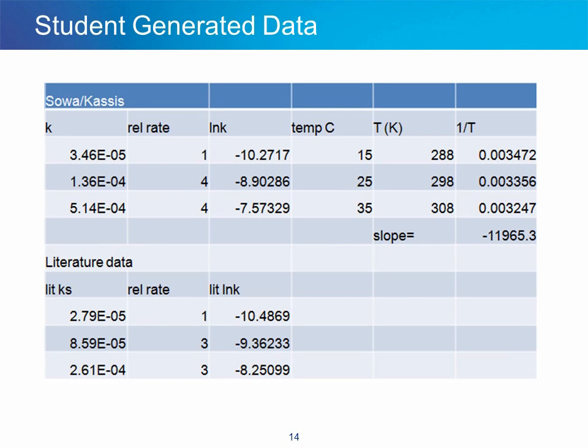I thought this was interesting to put in because generally one expects that a change in temperature by about 10 degrees will double the reaction rate. For this particular reaction, changing the temperature by 10 degrees actually quadruples the reaction rate.